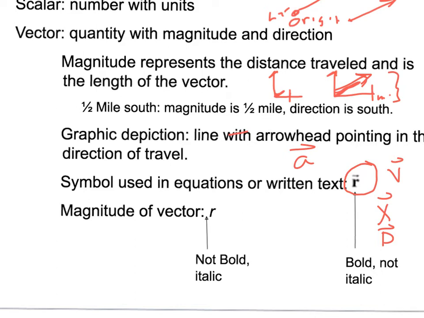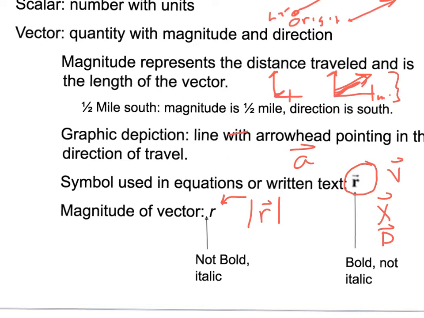So when you're reading the slides or your textbook, the bold letter with that little arrowhead over it is your vector. And then the magnitude of that vector is just simply the letter. Here in this case it's R, and it's not bolded, and it's not italicized either. I'm sorry, it is italicized. The vector is not italicized, but the magnitude is italicized and not bolded, and you no longer have the arrowhead over it.